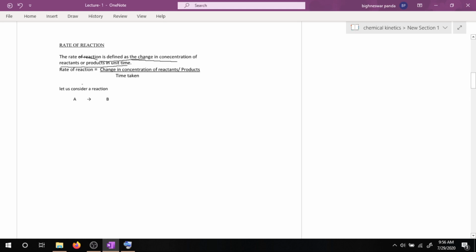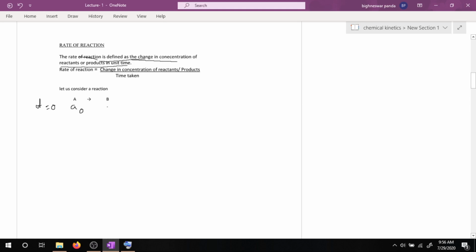So in order to know what is rate of reaction, let us consider a reaction A gives rise to B. Here A gives rise to B. So when time t is equal to 0, we have concentration of A, that is A naught.